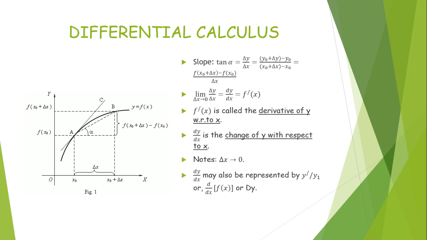Here dy by dx may also be represented by y bar, y1, d by dx of f x, or dy. If del x tends to 0, then the straight line AC will be a tangent of the y equals f x curve at the point A.